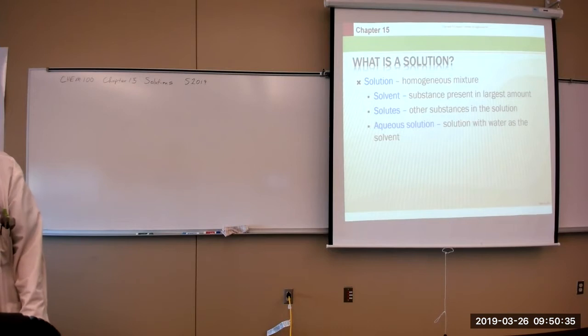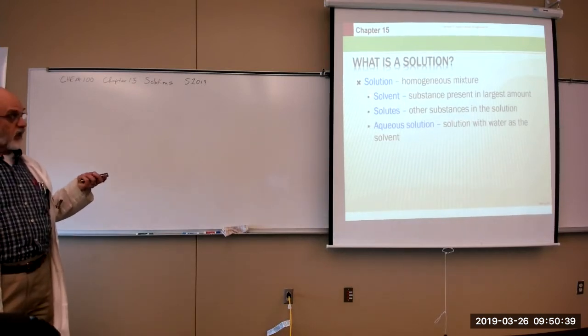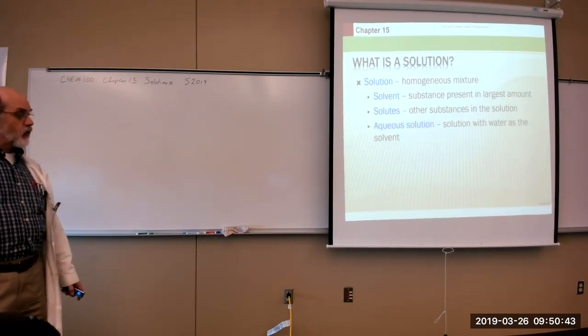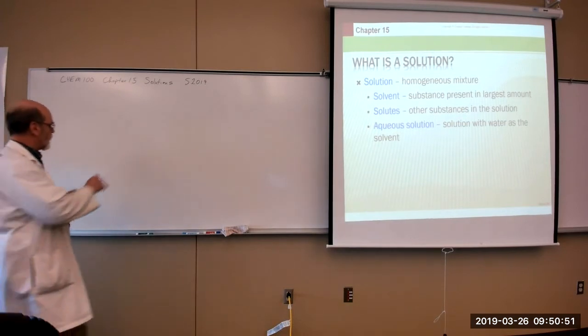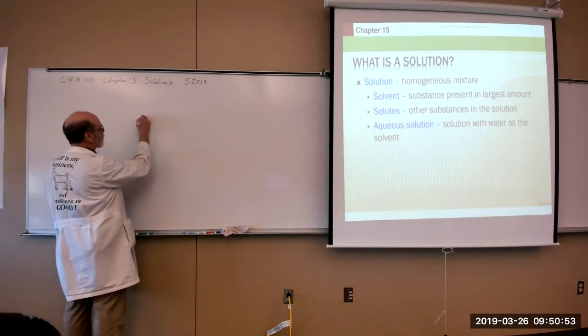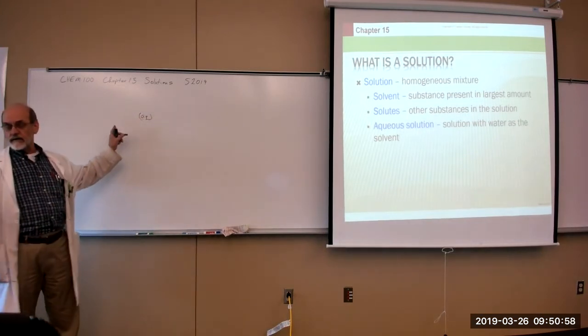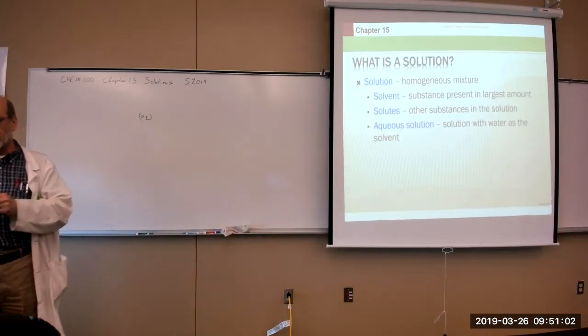You put table salt in there and then you put sugar in it, you've got a solution. But you still only have one solvent, that's water. And of course, we define aqueous solutions where the solvent is water. And remember, when we write a chemical equation, if it's in aqueous solution, we always follow the compound or element with aq for aqueous.